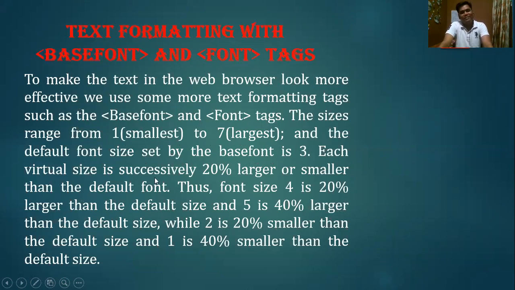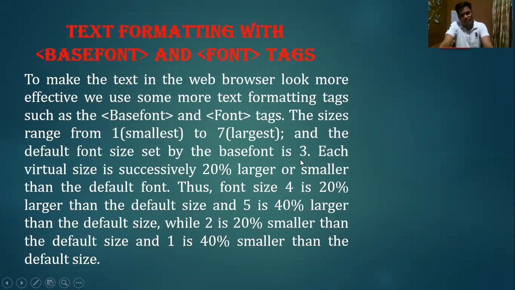Each virtual size is successively 20% larger or smaller than the default font. The default font is 3. Thus, font size 4 means 20% larger than the default size, that is 3. And if you are giving 5, it means it will be 40% larger than the default size.